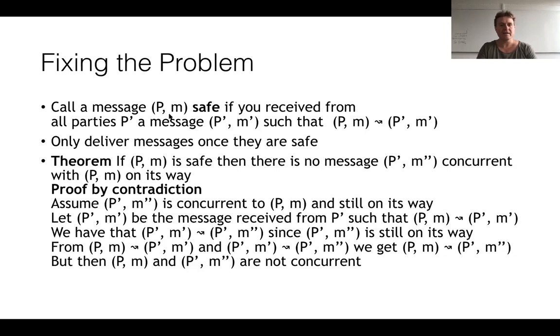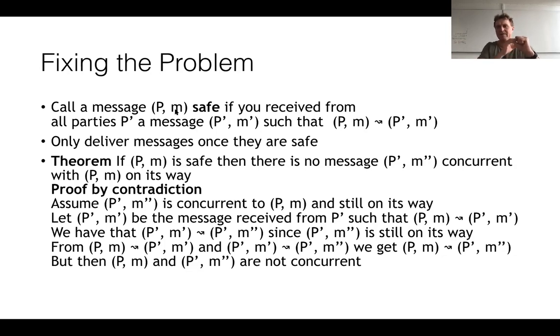I wait until from all other parties I have received a message M prime that is in the causal future of this M that I'm considering. I have a message, and I wonder, can something concurrent be on its way? I don't know, but what I will do is wait until I receive from all other parties something that's in the causal future of this message.